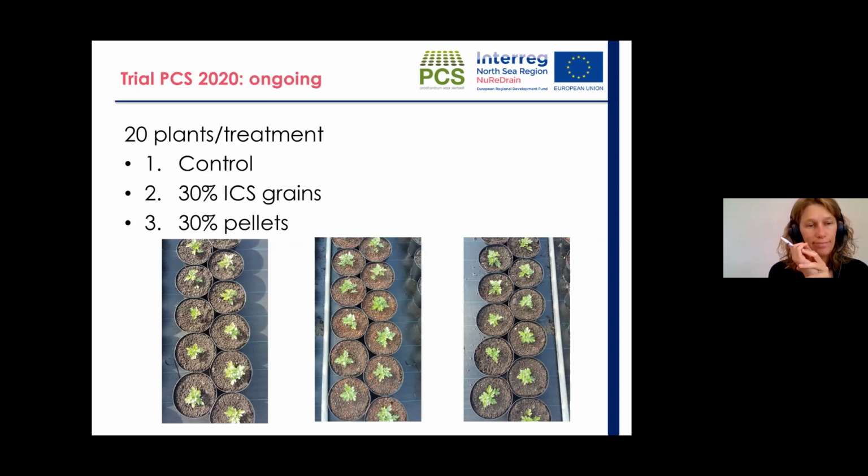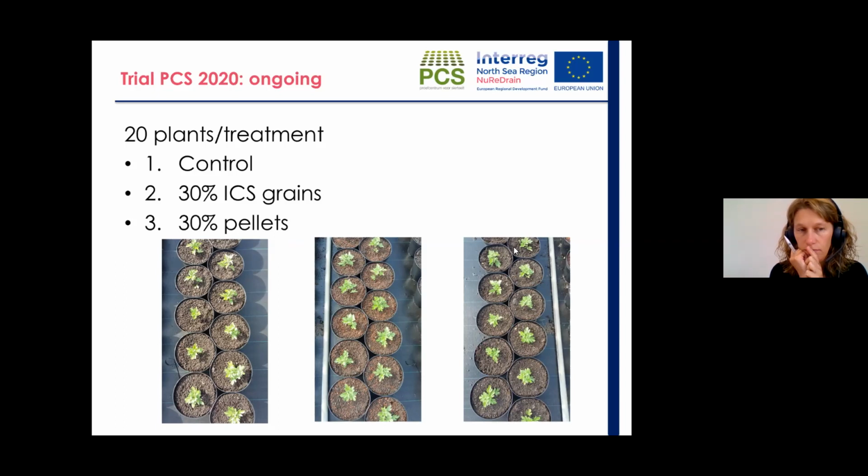Here at the left, you have the control, so the normal substrate that we always use for Chrysanthemum. Then we added 30% of ICS grains in this treatment, and we added also 30% of pellets. So you have the grains in the drinking water companies, but in the sand filter they also have sludge, a lot of sludge, in fact.